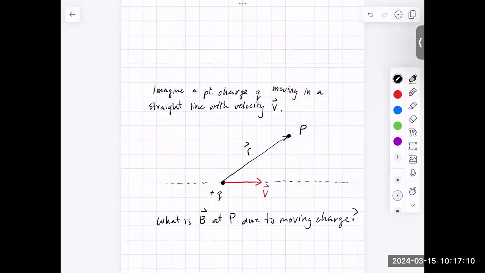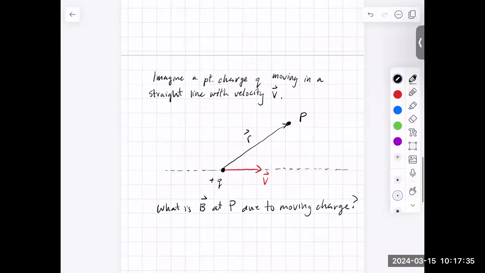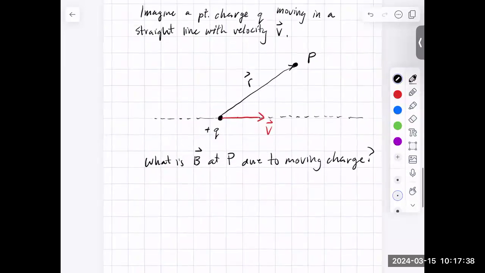Okay, and we're not going to derive this from anything fundamental. All these results are based on observations, right? So in physics, what we do is we make some observations of some natural phenomenon, and then based on those observations, we kind of deduce some mathematical way of representing that effect. And then we try to figure out, okay, what are all the consequences of that effect? So the observations that we would make if we could set something up like this is the following.